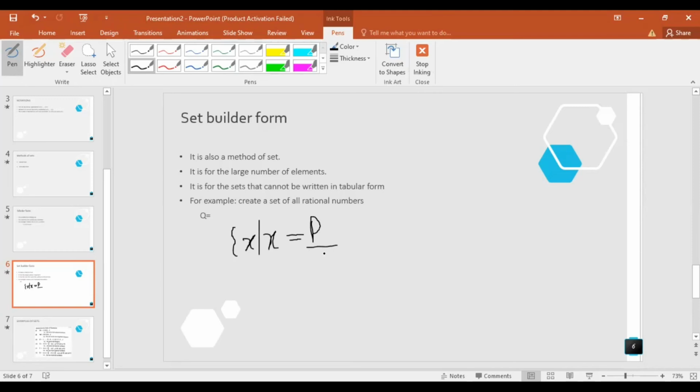So X that are in the form of P upon Q, for all, this notation we use for all, for all P, Q belonging to integers.